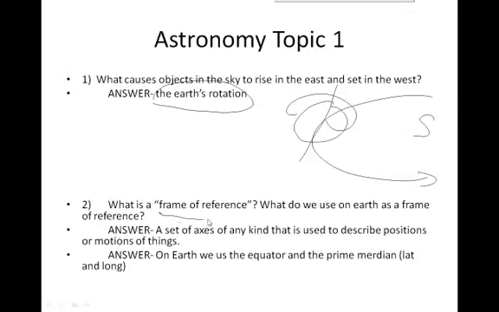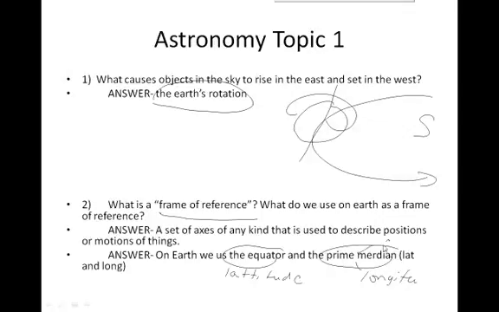What is a frame of reference? And what do we use on Earth as a frame of reference? It's a set of axes of any kind that is used to describe positions. And on Earth, we use the equator and the prime meridian. The equator tells us latitude, and the prime meridian longitude.